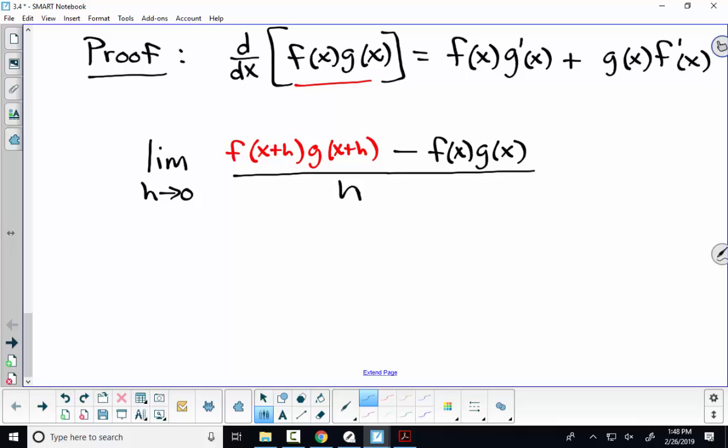Okay, so yeah, if you're interested, I think a lot of these derivative proofs, for formulas anyways, are in the textbook. This one here involves adding in 0, so we have to add in f of x times g of x plus h, and we also have to subtract that quantity in.